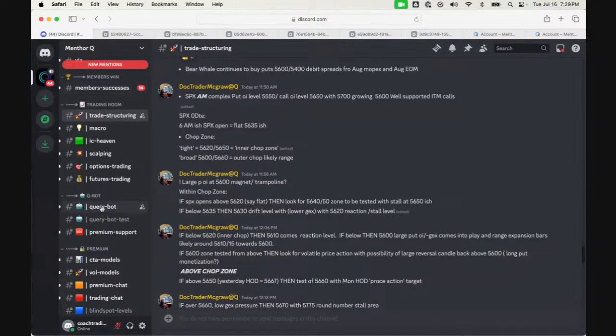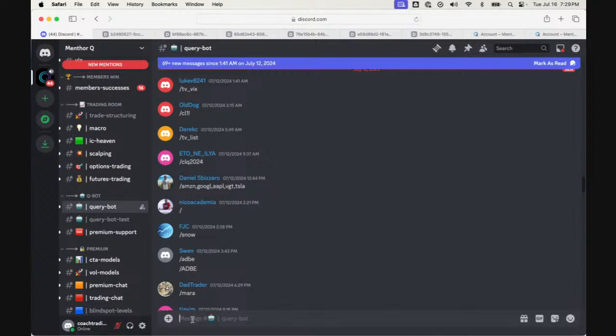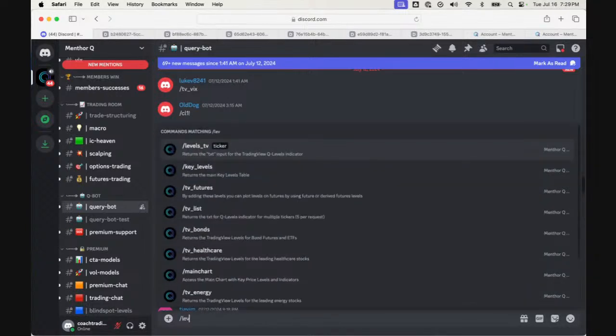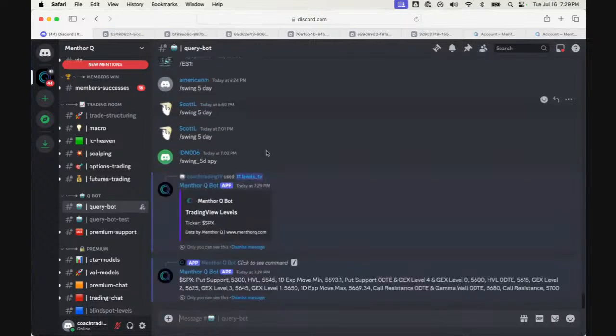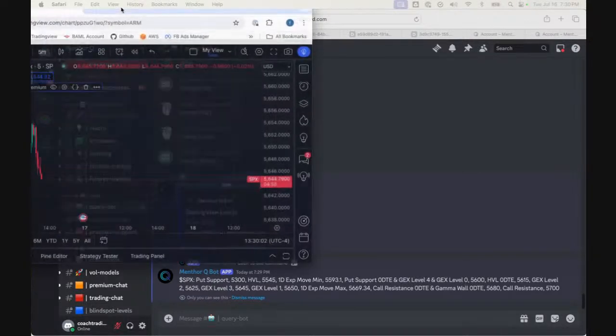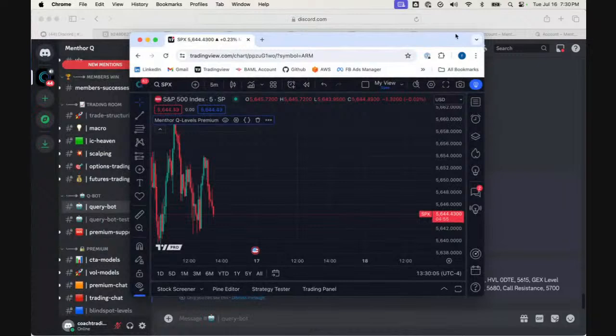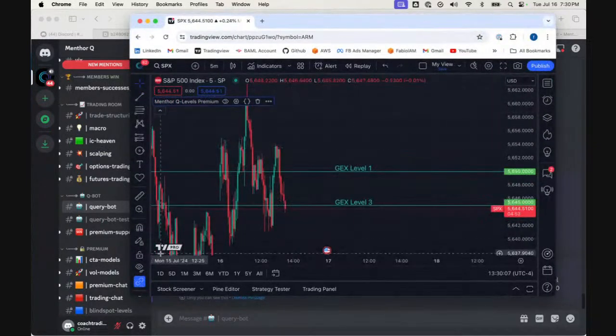Just to show you, within the bot, you can get the levels, and then you can integrate them directly onto TradingView. One second.